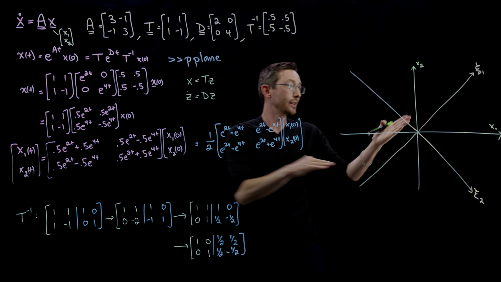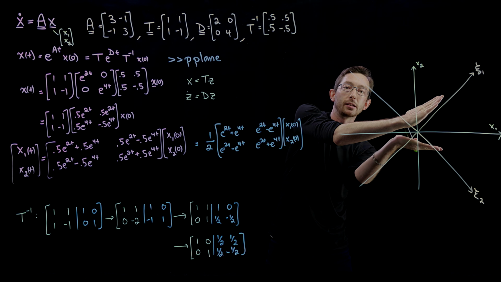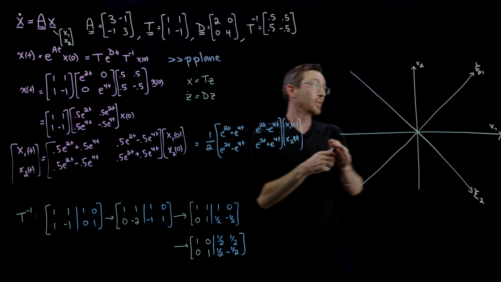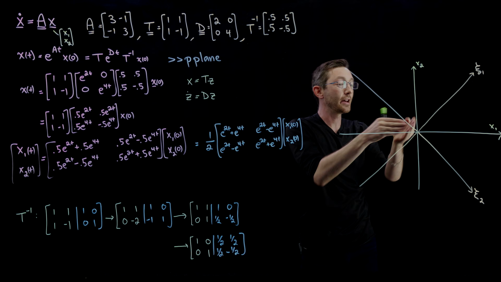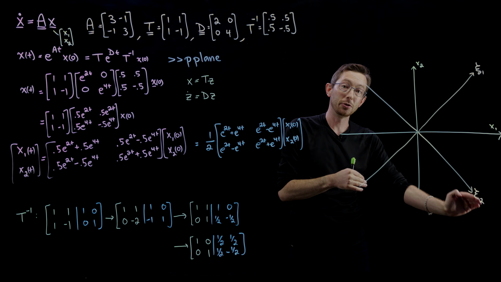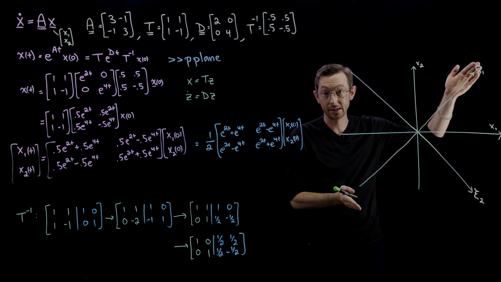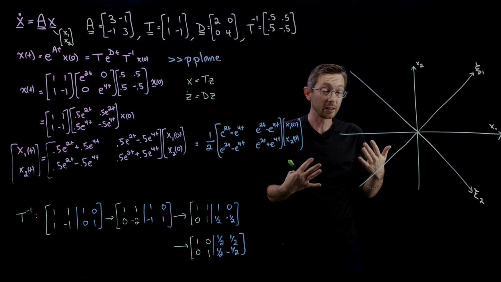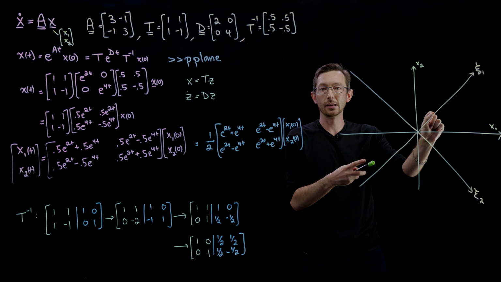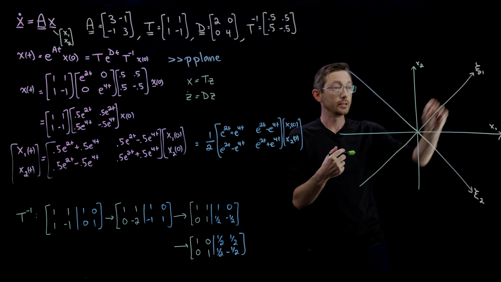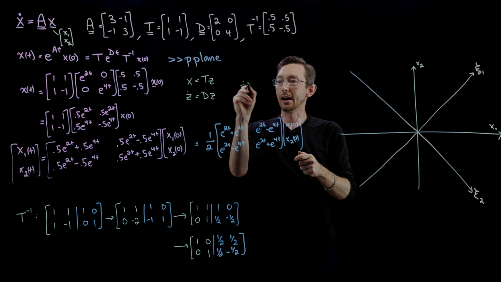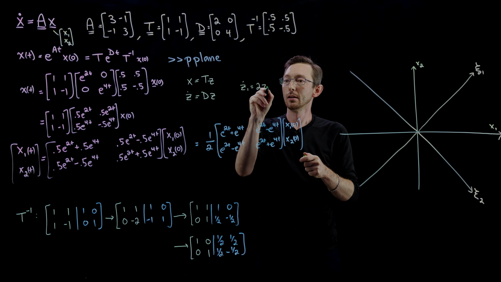And what that means is that in this new coordinate system, c1, c2, my dynamics become completely decoupled. So the dynamics in c1 have nothing to do with where I am in the c2 direction, and the dynamics in c2 have nothing to do with where I am in the c1 direction. And that's really, really useful. So any component of my vector in this direction is going to have very simple dynamics, which is basically z1 dot equals 2 times z1.